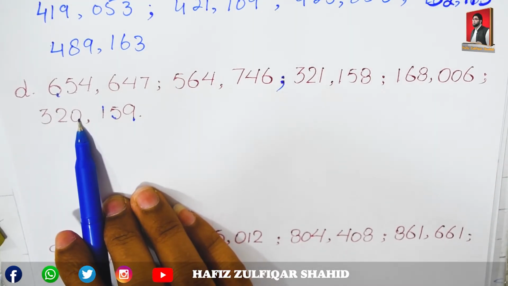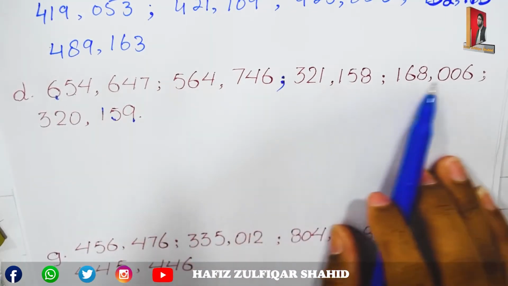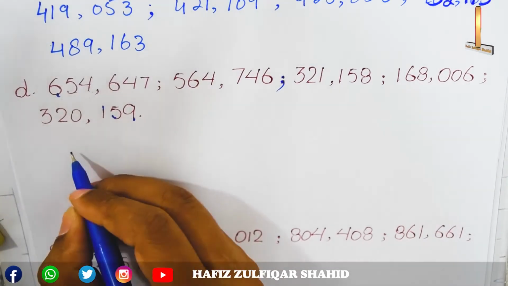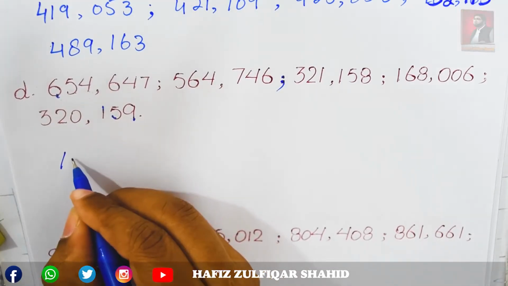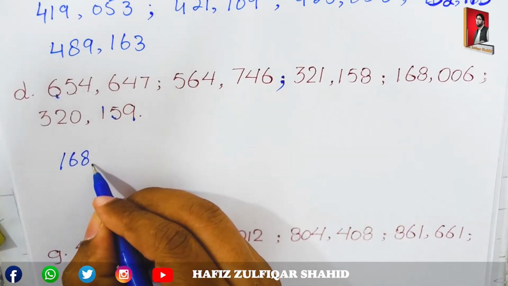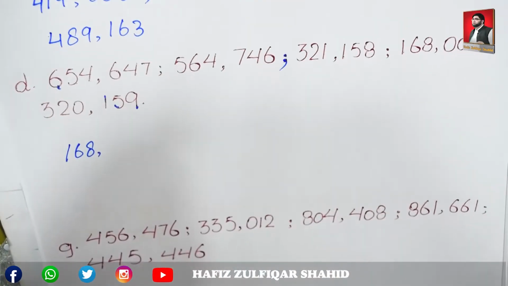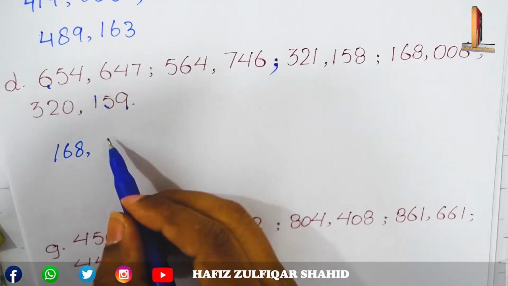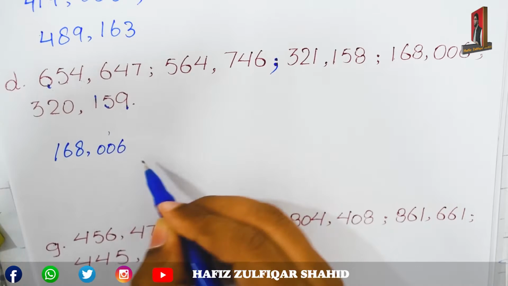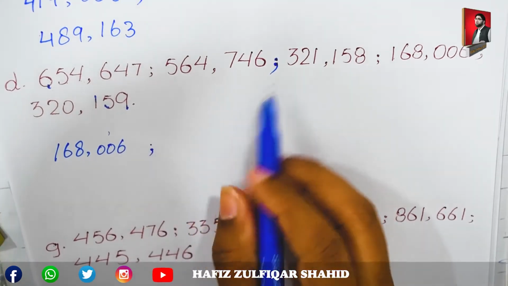Now see, in millions we have 168 as the smallest. Pick 168 from the bunch, write it first, then the second one.